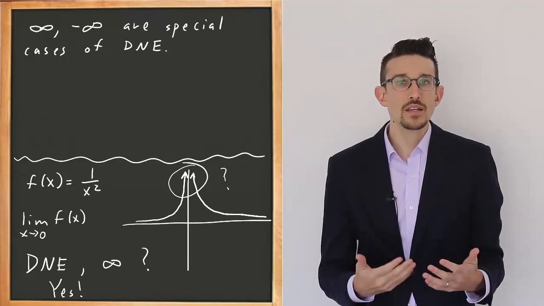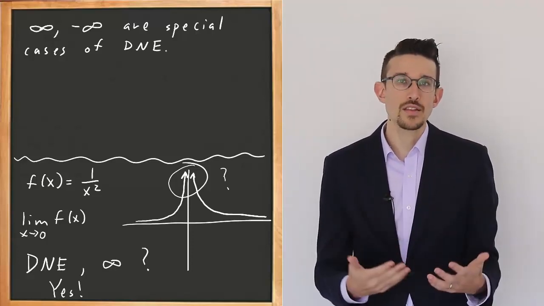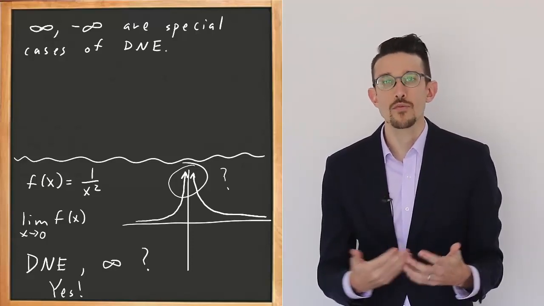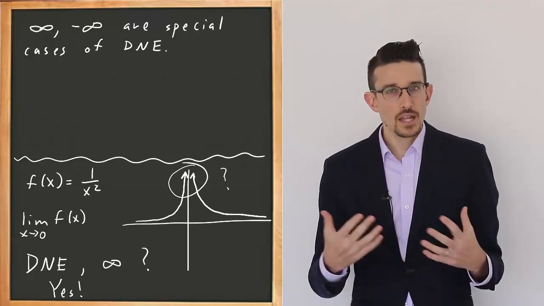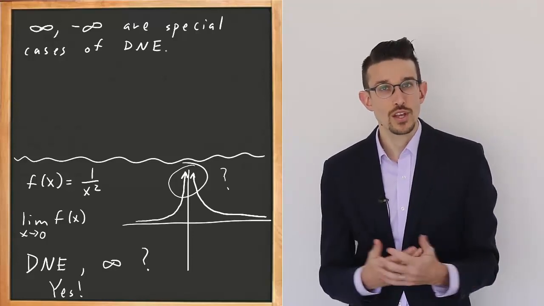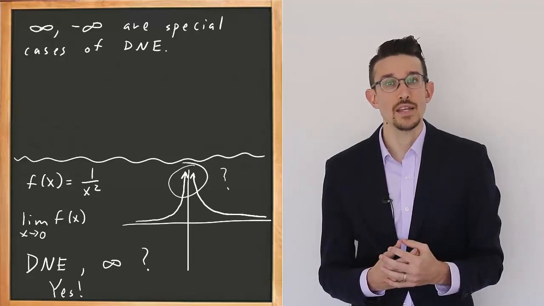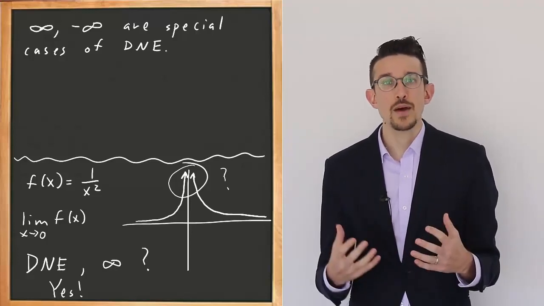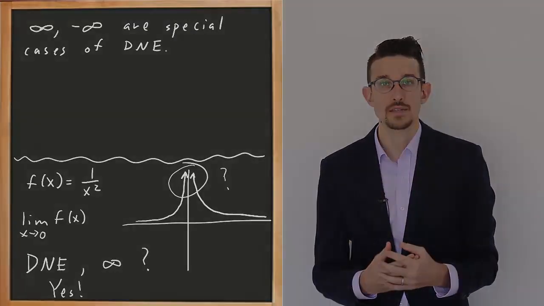So by telling you that the answer is infinity, we're saying, okay, we understand that it doesn't exist, but there's more information than just that, and so we're sharing it. It's kind of confusing, and it's something that will be difficult for your children, your students to really understand, but it's worth really diving into that idea that infinity is a special case of does not exist, and really explaining to them why that is.